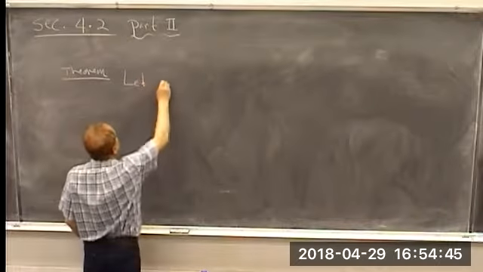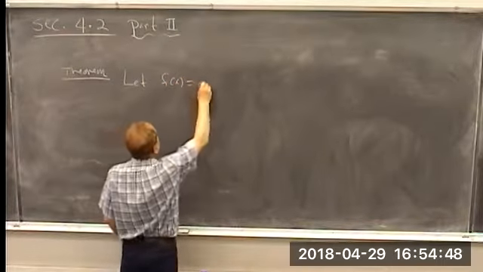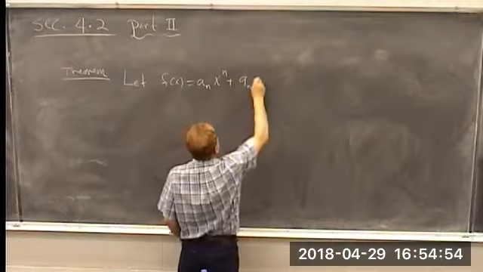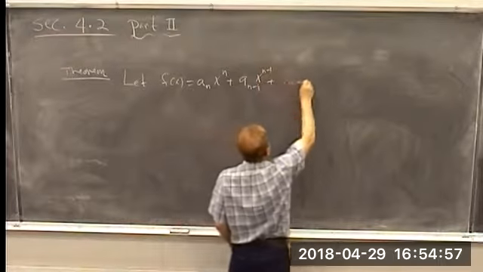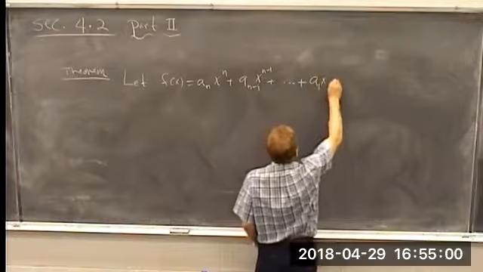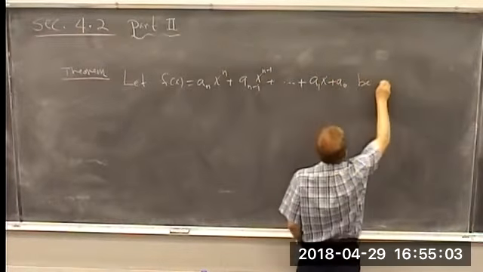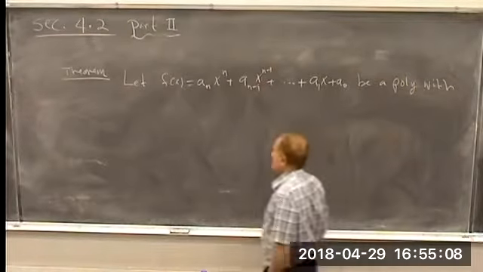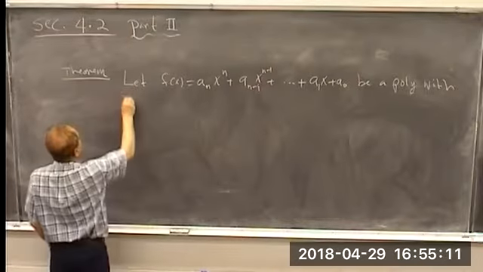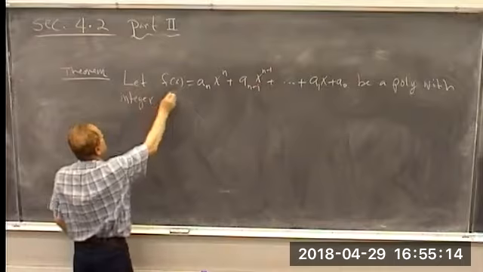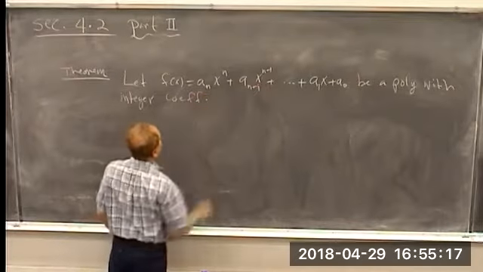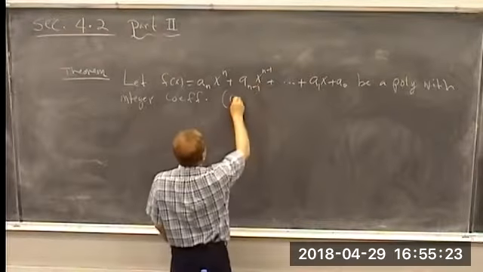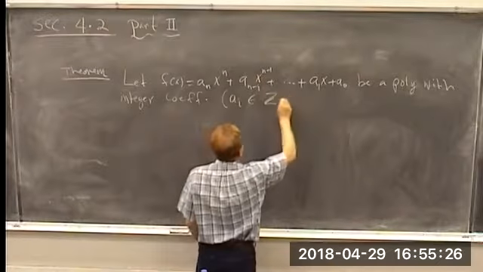So let f of x equal a_n x^n plus a_(n-1) x^(n-1), and so on, plus a_1 x plus a_0 be a polynomial with integer coefficients. So all the a_i are integers. Or actually, they could be positive or negative. So this belongs to Z for every i.